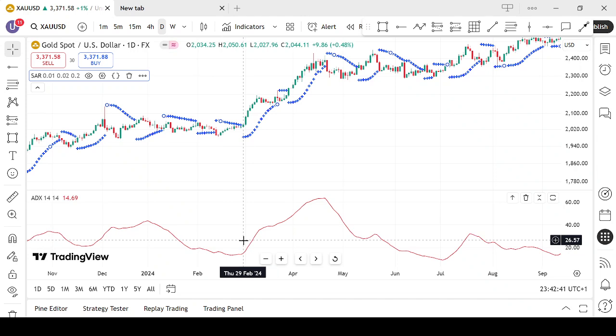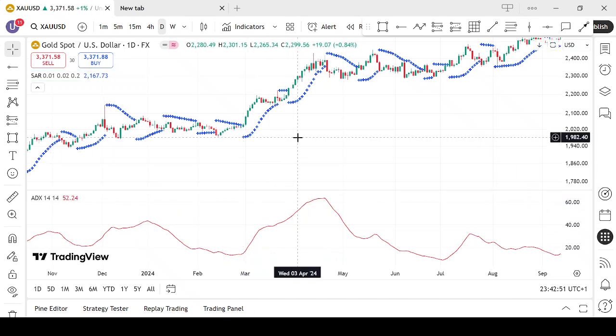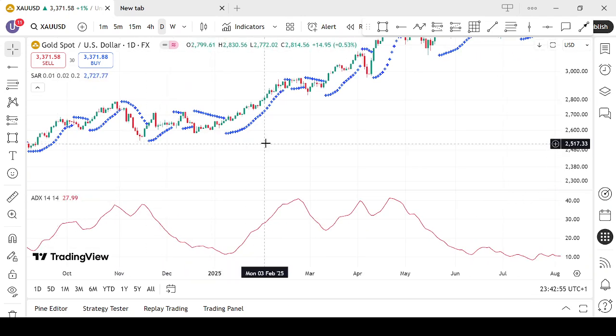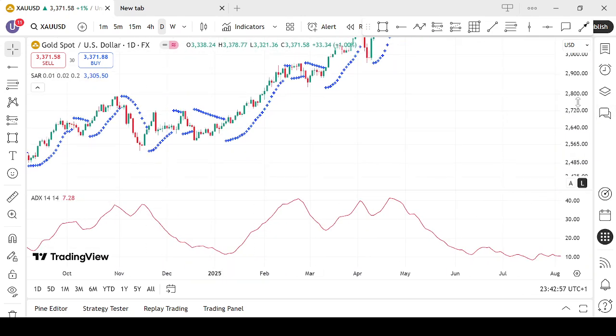You can point out how the dots position below the price bar during an uptrend and how the ADX reading above the 25 confirms the trading opportunity. Now let's look at this area in the market and get a perfect example.